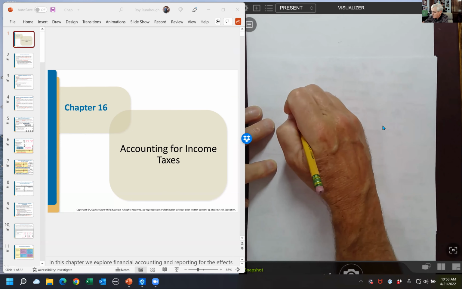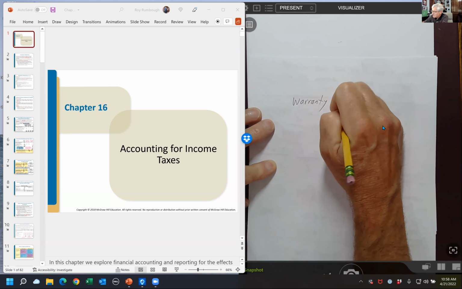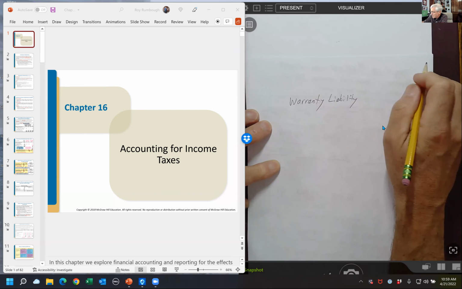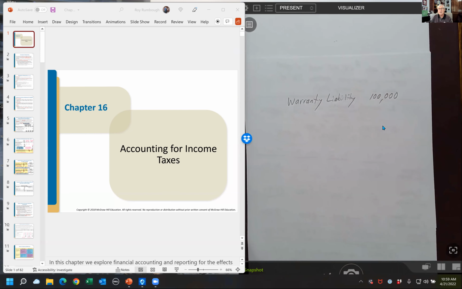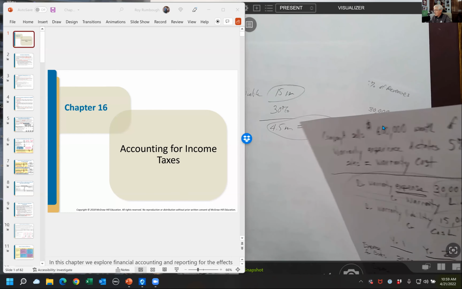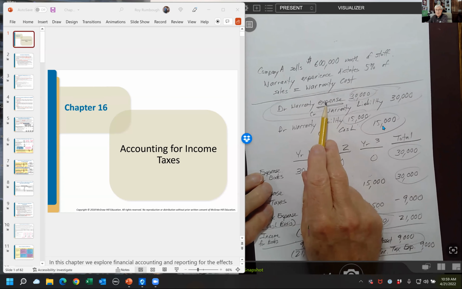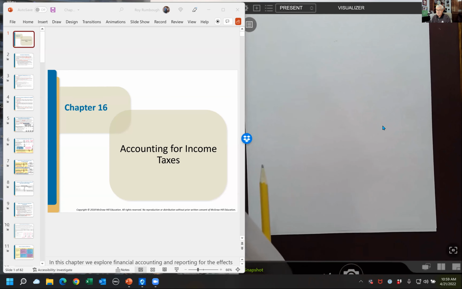At any point in time, I've got a warranty liability. Let's say it's 100,000 warranty liability on my books. What does that represent? That warranty liability represents all these entries. I've been booking warranty expense for future claims, but they haven't been paid yet.